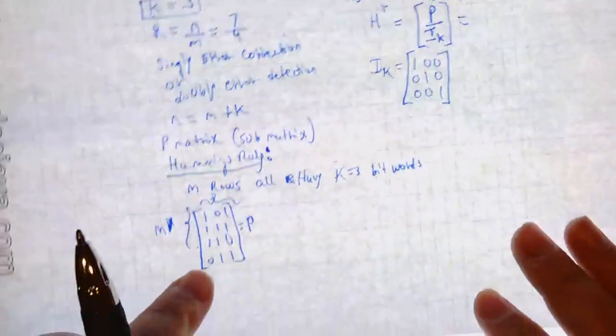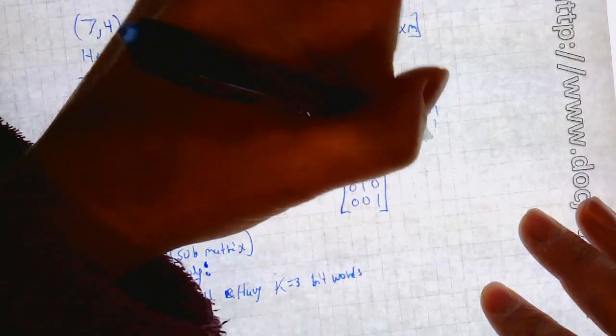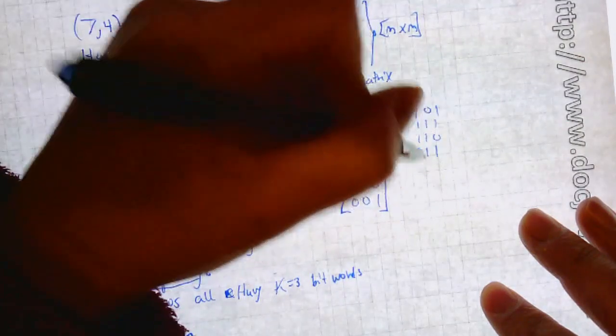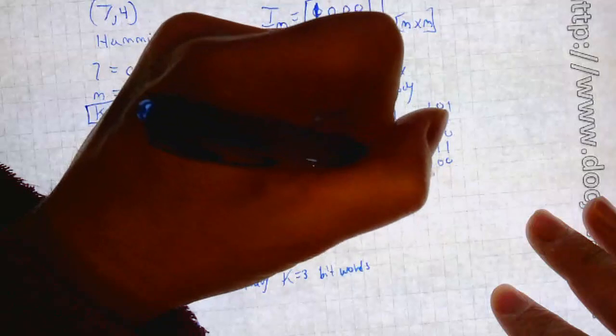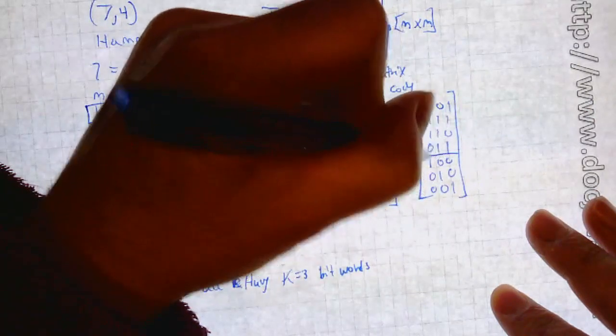We take our P matrix from here, and we write it up here. We take our identity matrix and write it underneath. And now you can see why we call P the submatrix.